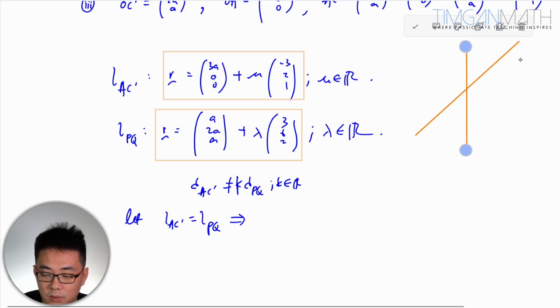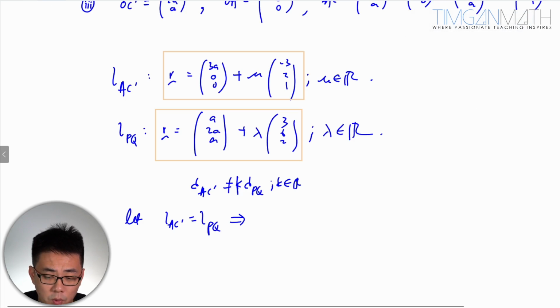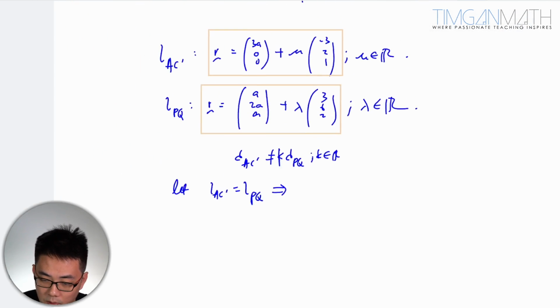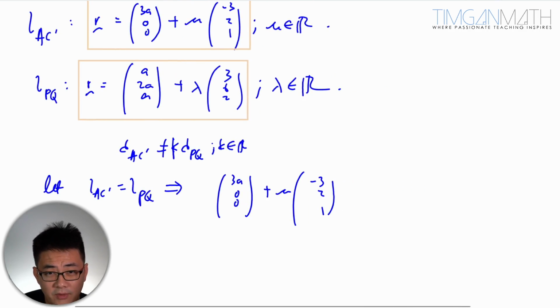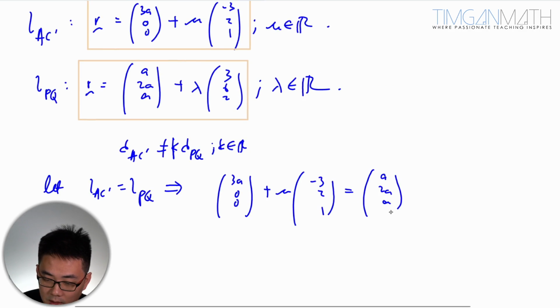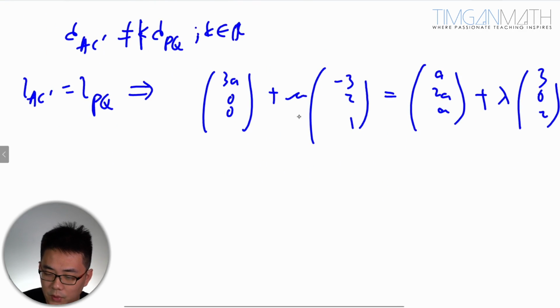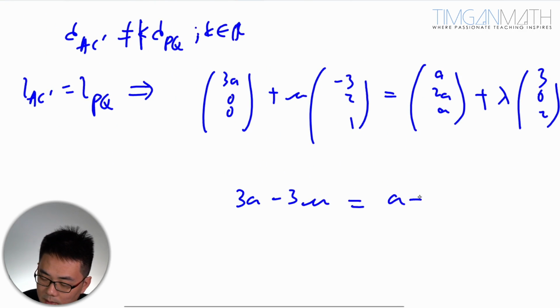So the question now is whether y1 and y2 have a common mu and lambda which satisfy both line equations. Okay, but that is the thing. For this case here, you realize that this is 3a minus 3 mu equals a plus 3 lambda.